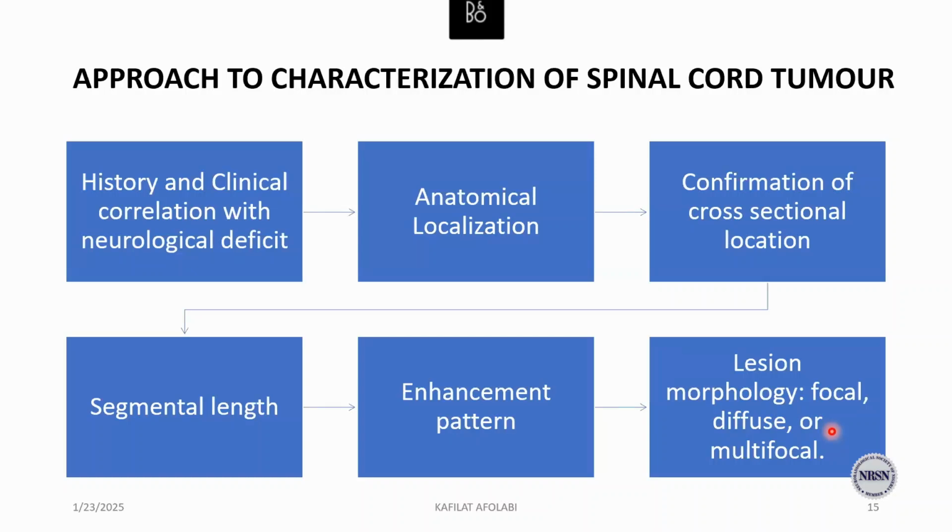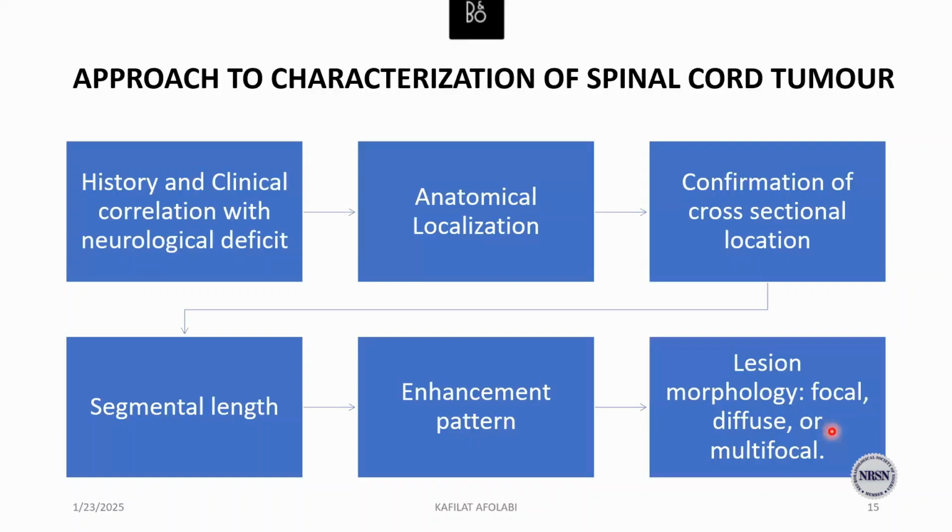Also, confirmation of sectional location, so anatomical localization and sectional location go hand in hand, as well as the segmental length. We also want to know how many vertebral levels the lesion spans, short segments being spanning less than 3 vertebral levels, and long segments being spanning more than 3 vertebral levels.